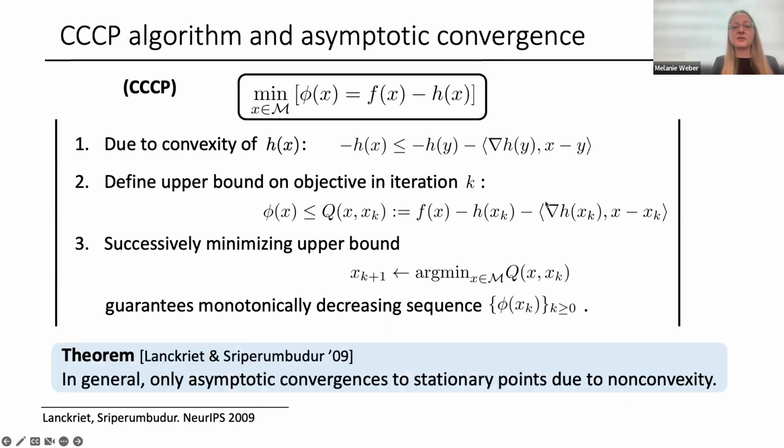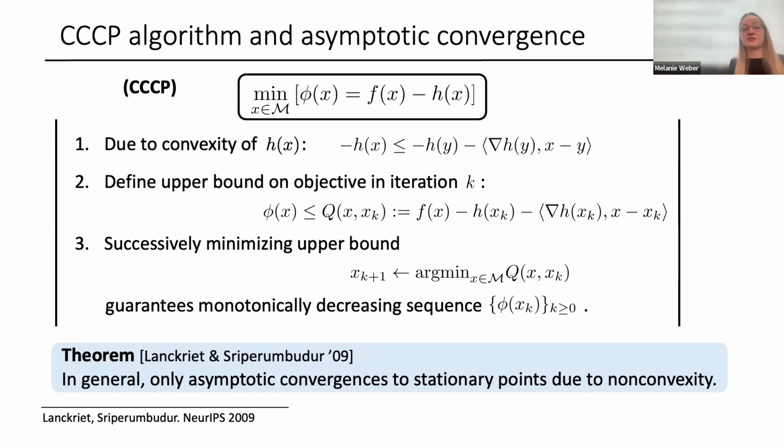And then one can show that the sequence of iterates that we get from that converges to the optimum, at least asymptotically. Since we're here in the non-convex optimization setting, we can typically not certify global optimality. We can only certify that we're converging asymptotically to a local optimum.